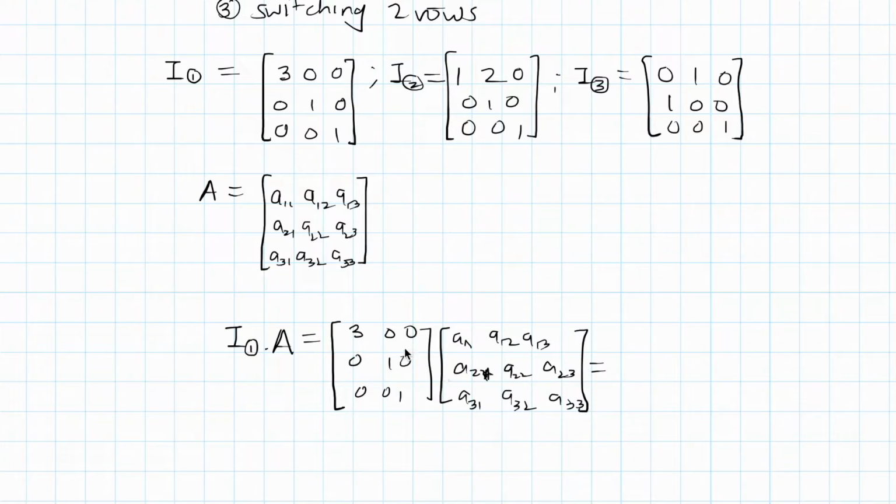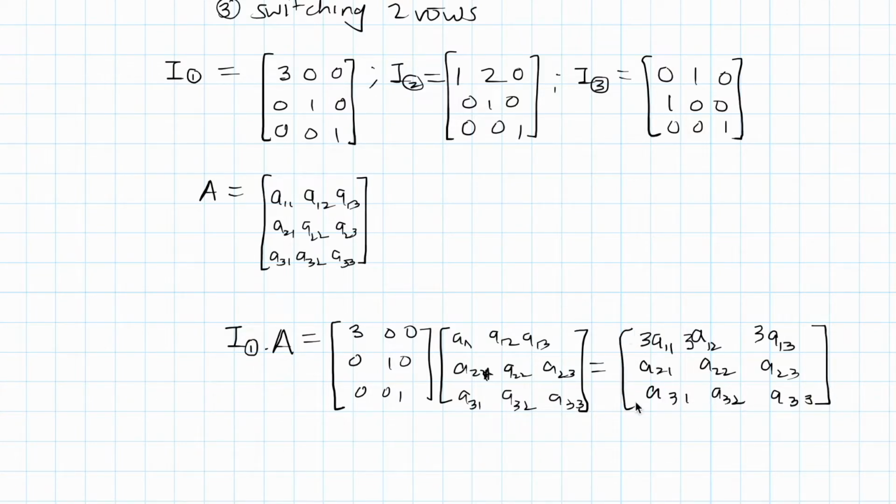So now let me multiply this. 3A11 will be the first element, 3A12 will be the second element, 3A13 will be the third element, then A21, A22, A23, A31, A32, A33. What has happened here? Something quite amazing actually has happened here.